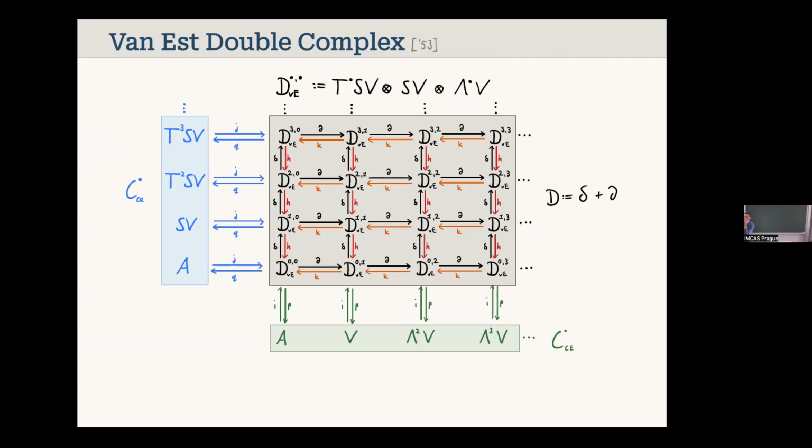Does this mean, so you're saying that this Van Est double complex also kind of makes sense for more general groupoids then, or? I think so, yes. It's a more special situation we have here. We're not looking at pure groupoids, but VB groupoids, where all the groupoids are actually also vector bundles.